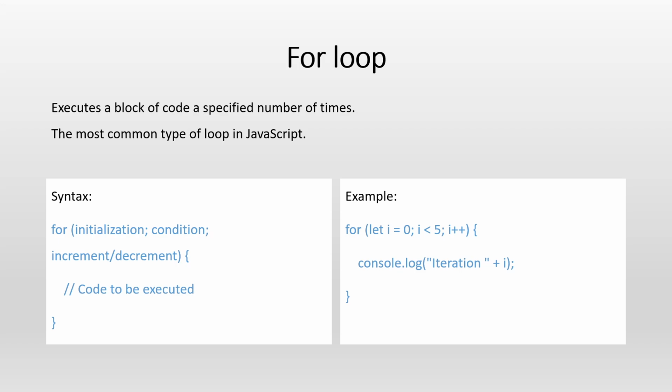Let us see what a for loop means: it executes a block of code a specified number of times. Let us understand it like this. If you want to cut a tomato into 4 parts, we are going to do the same task 2 times.